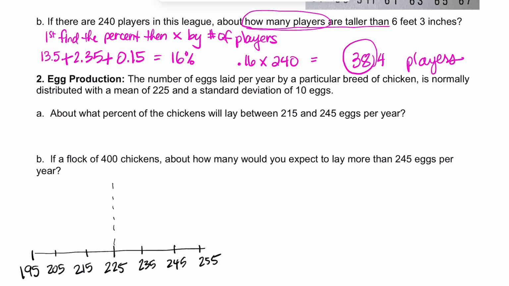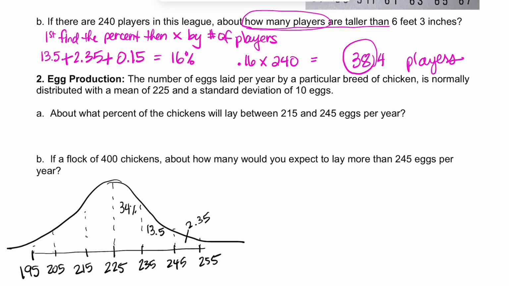In the middle there is going to be the center of our bell. Then we'll just draw a curve the best that we can. And then our percents, 13.5, this one's 2.35, and this one's 0.15. You'll want to memorize these because we use them a lot. And then it just repeats on the left side.